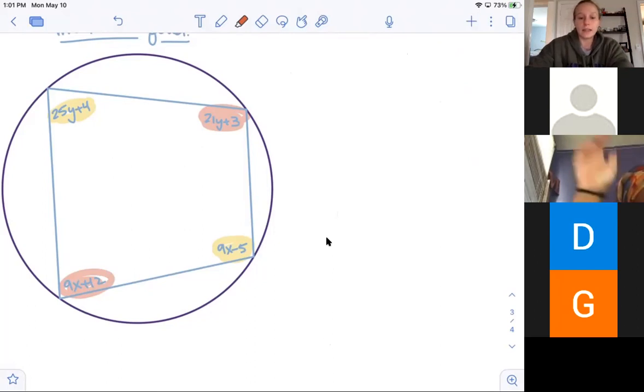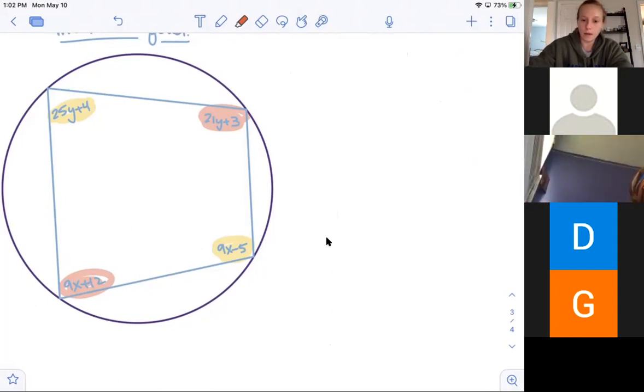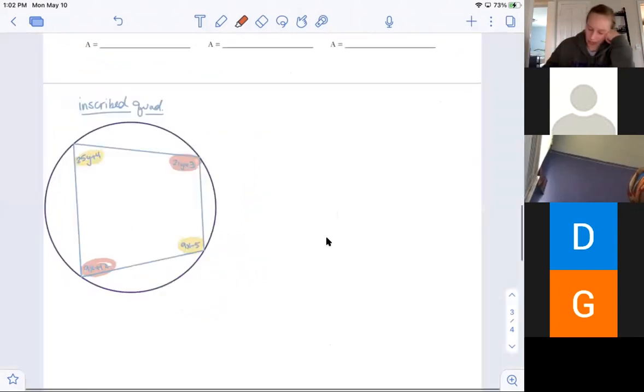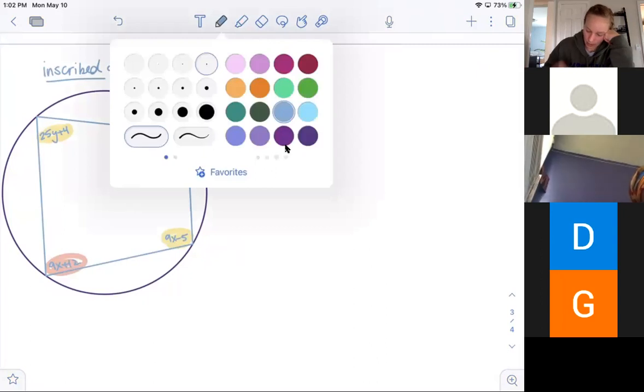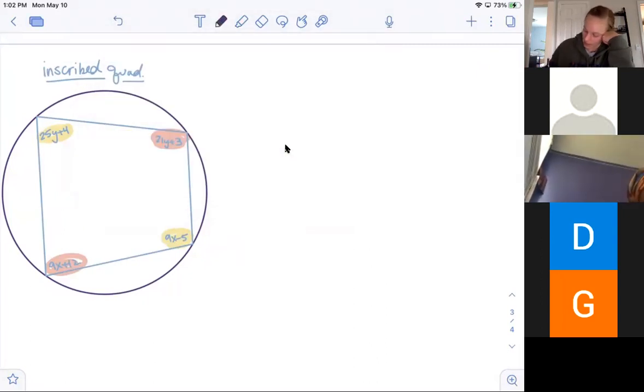So I'm going to write that over here, and I'm going to use a different color for each one. I've got this yellow one, I'm just going to write it in purple because we can't see yellow.